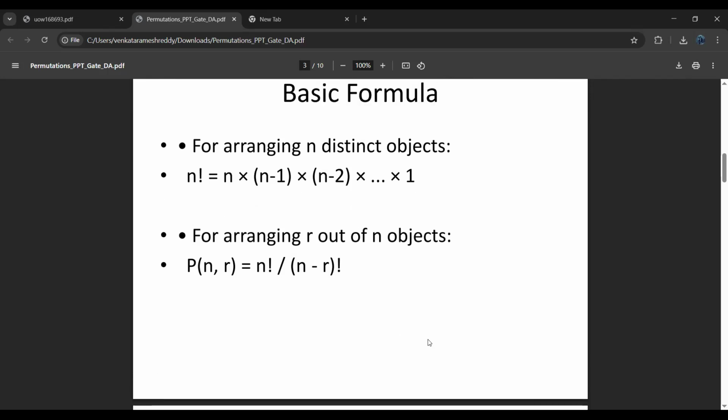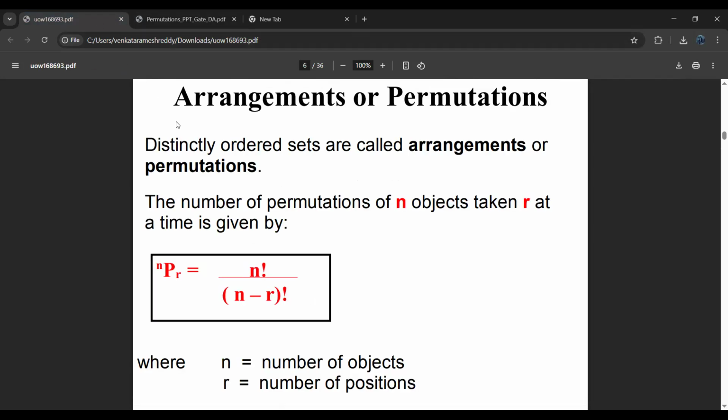We also have some concepts like arrangements or permutations. Distinctly ordered sets are called arrangements or permutations. So you are ordering some sets uniquely, and that is called arrangements or permutations. The number of permutations of n objects taken r at a time is nPr, which is the formula for permutation.